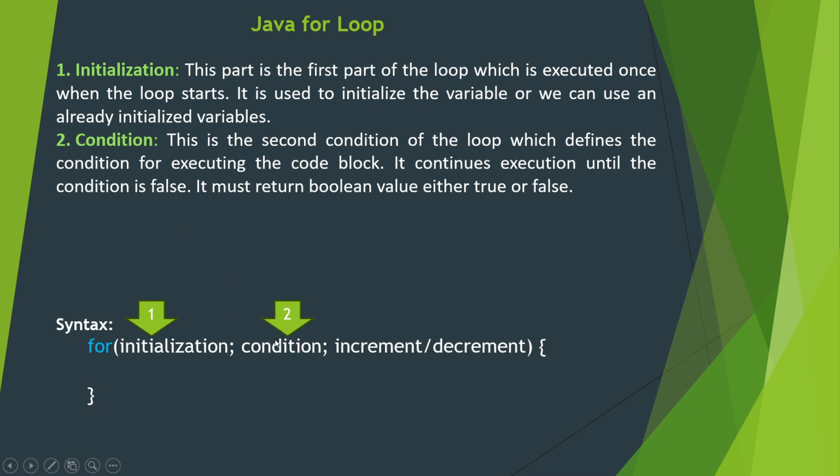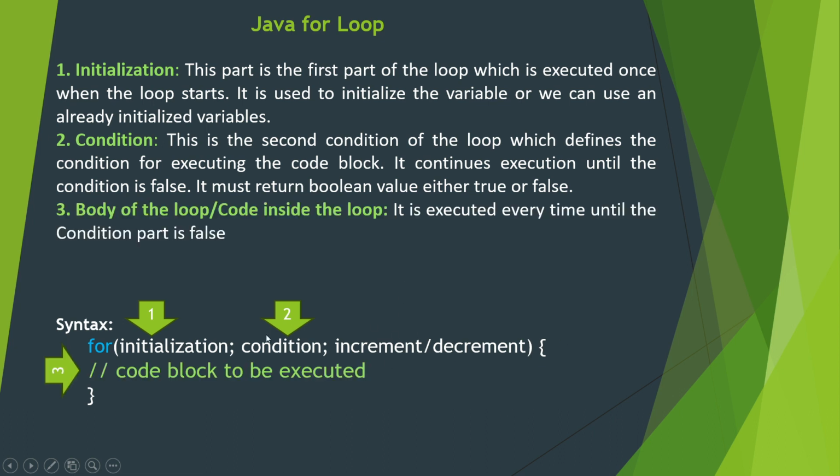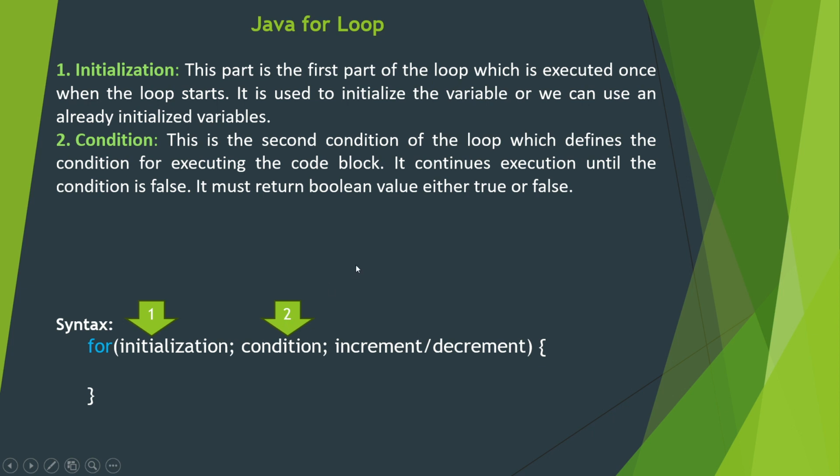So whenever this condition is true, it will go inside the body of the for loop and execute. As soon as it becomes false, it will stop executing the for loop and come outside the for loop. It must return a boolean value, either true or false, and based on this boolean value, it will decide whether to execute the for loop or come out of it. So this is the second part.